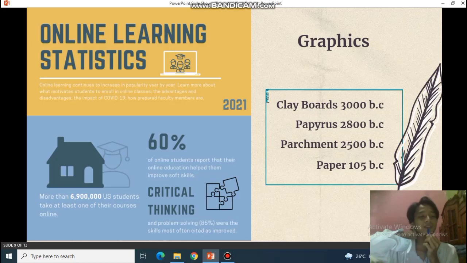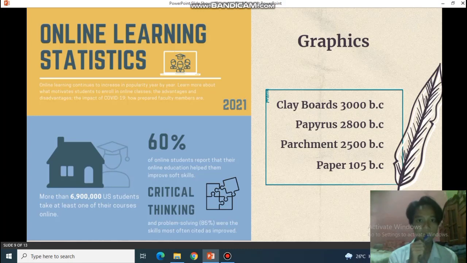In the US, students take at least one of their courses online, and it turns out it helped them increase their critical thinking up to 85%, where the skills are most often cited as improved.